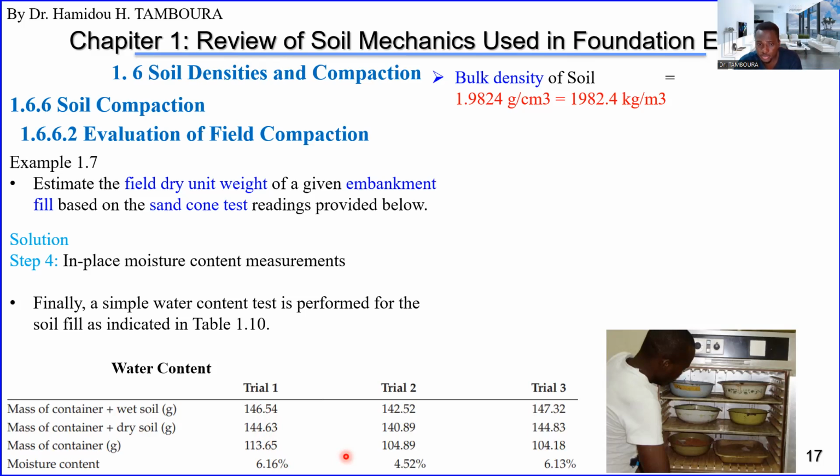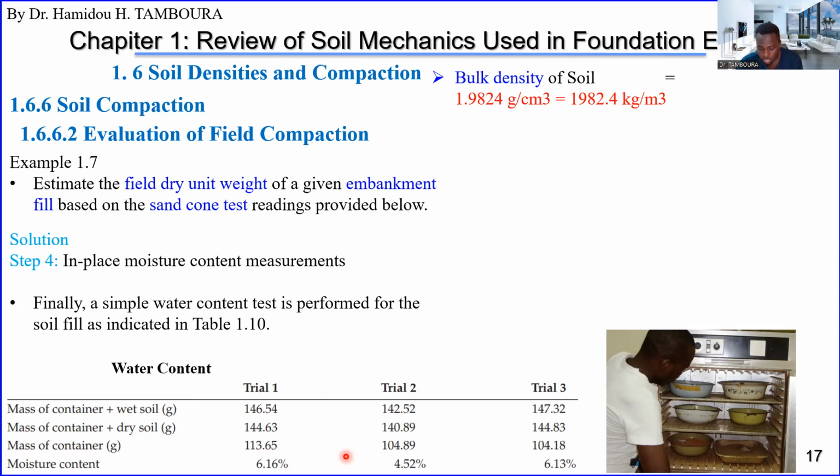Okay, for example, for the first trial, if you do 146.54 minus 144.63, you will obtain 1.91. This is the mass of the water that was in this soil for the first trial.